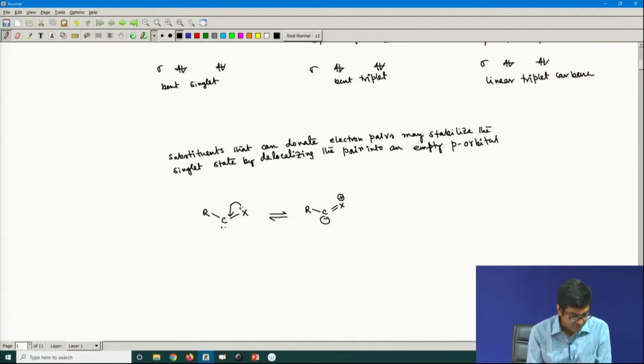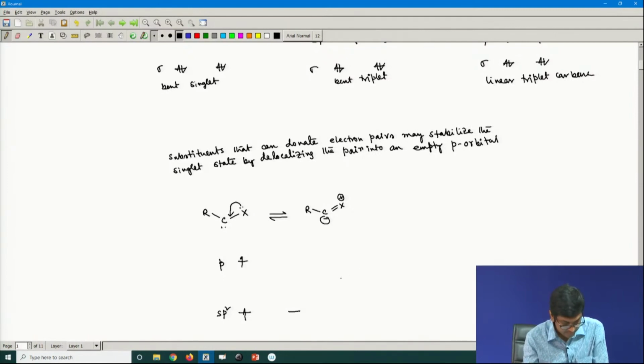Now we will see how this can be rationalized because of the adjacent lone pair that can be donated into the vacant p orbital. You have this sp2 and this one p orbital.